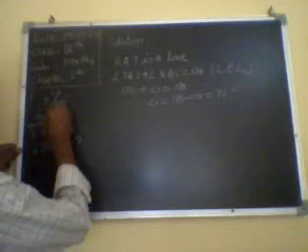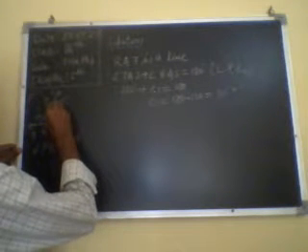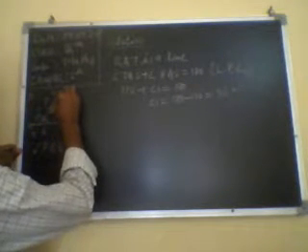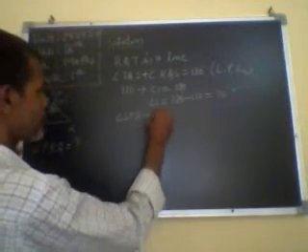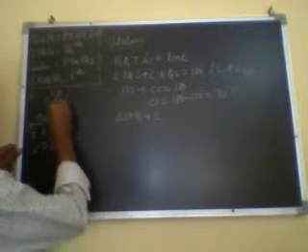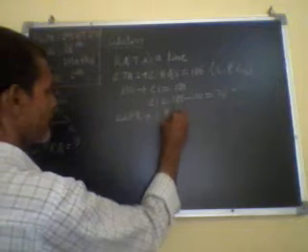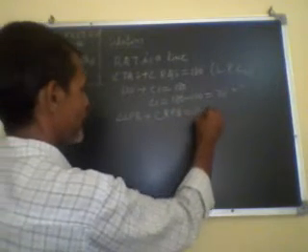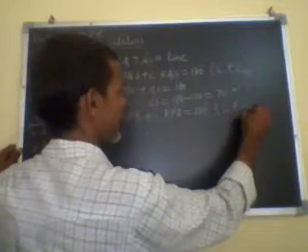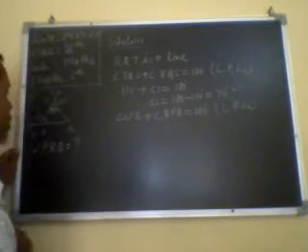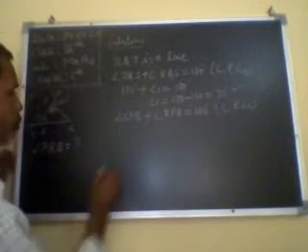Now come to angle 2. SPR plus RPQ is also equal to 180. Again, linear pair angles. Why is it a linear pair? Because QPS is also a line.